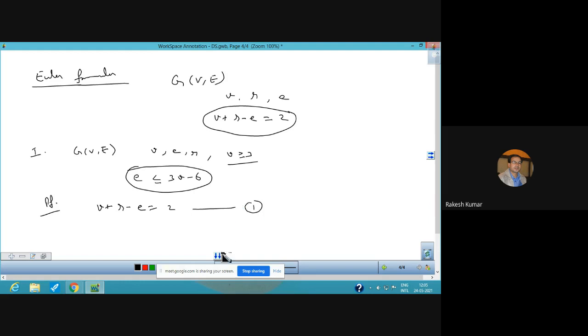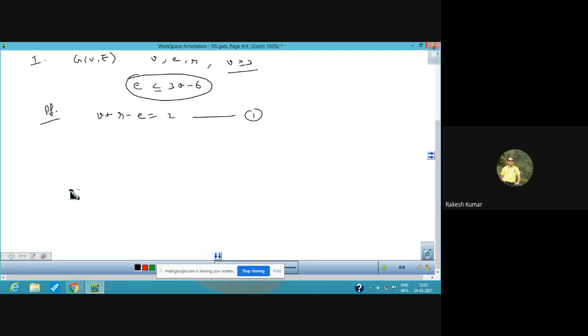And also we know that each region of a connected planar simple graph G has a degree greater than or equal to 3. So this is a theorem we have.